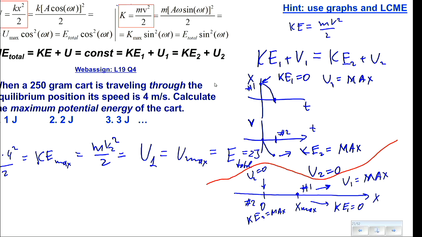Or I could have called this the first instant, and this the second instant. We just need to remember that at the equilibrium, no potential, maximum kinetic. At the maximum displacement, no kinetic, maximum potential. But if we add them up together, we always get the total, which is always constant.